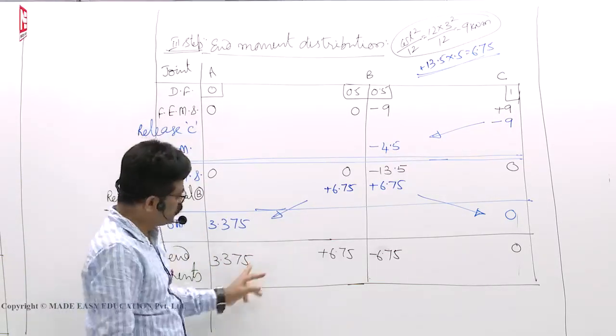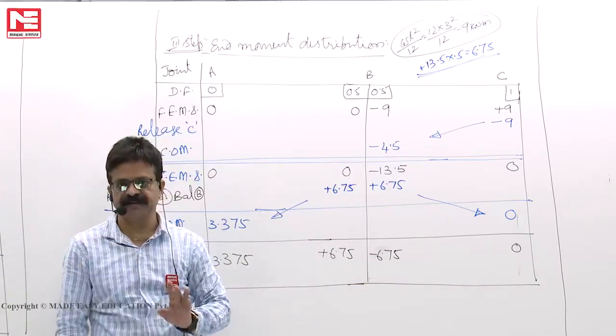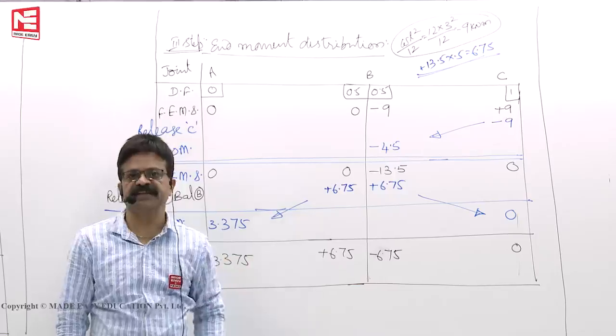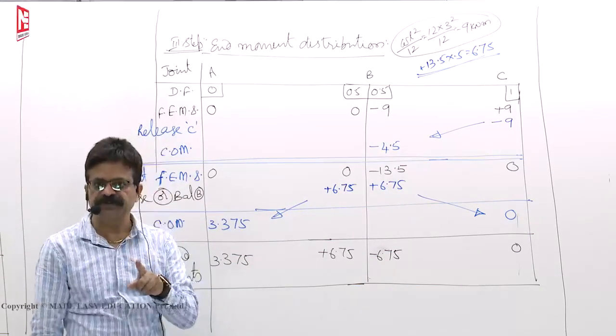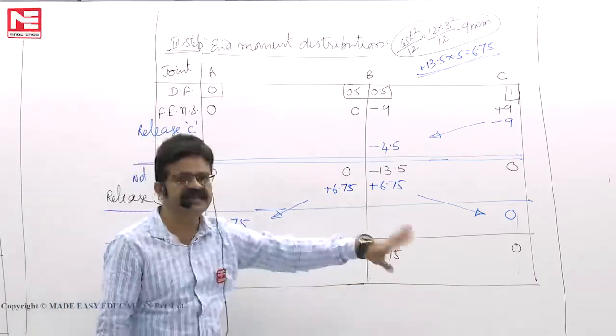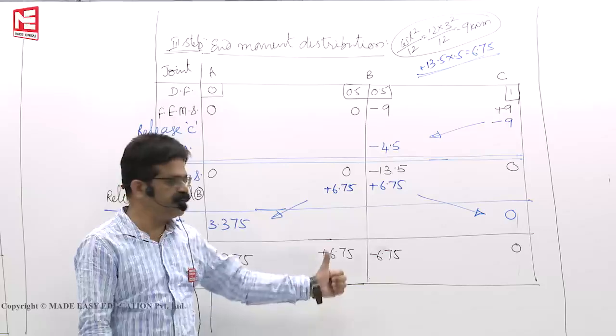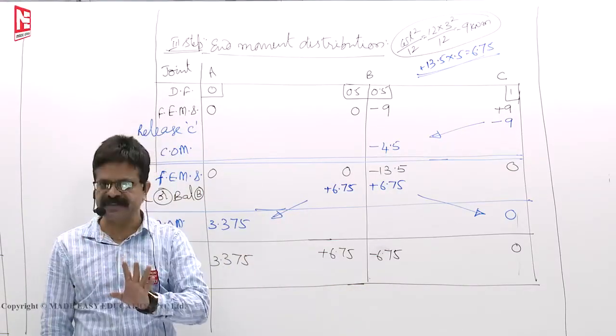Another way is, they give you the moments, they will ask you to find the reaction at A. That means horizontal reaction or vertical reaction, like that. For such cases, if you have to find the reactions, they solve this problem for us. These moments they will give us. MAB how much, MBA how much, moments they give in the problem itself.